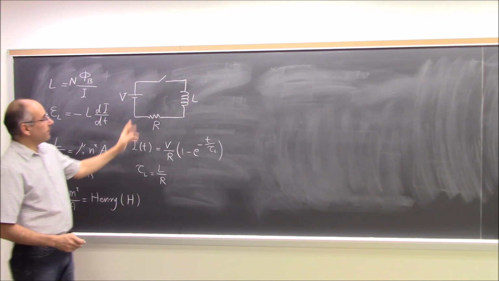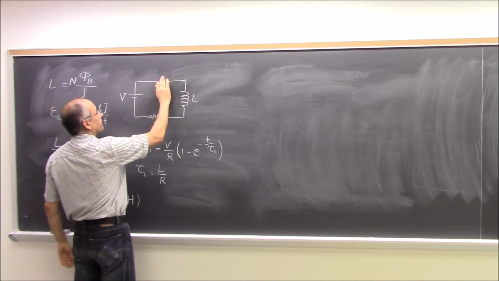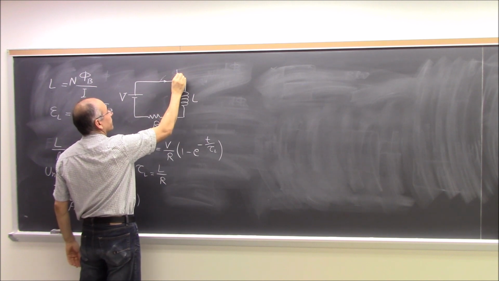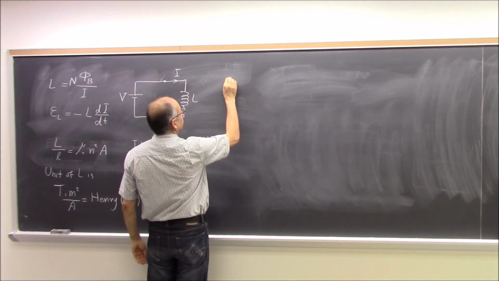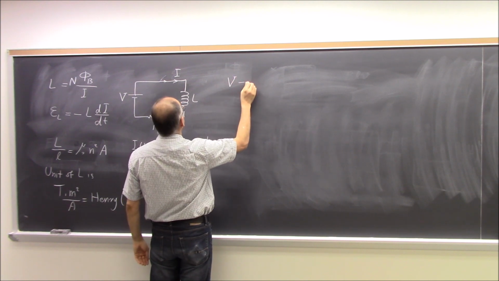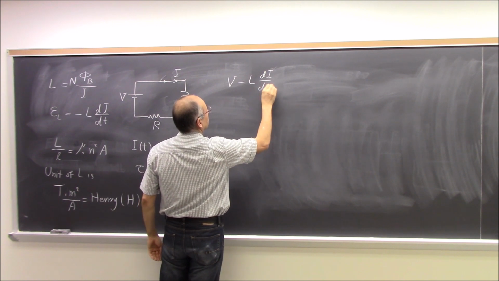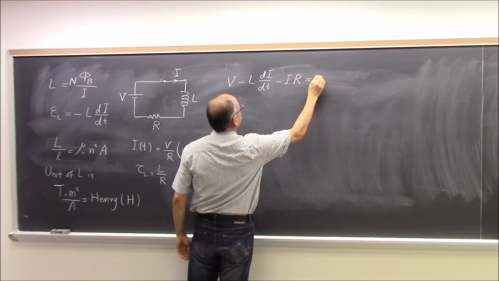Now, if you look at what's going on when you have a current here, let's close the switch, there's current going through here, and you write Kirchhoff's law: V minus L di over dt minus IR is equal to 0.